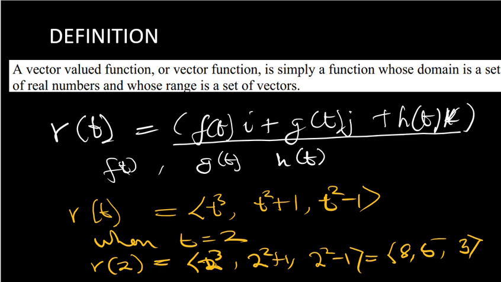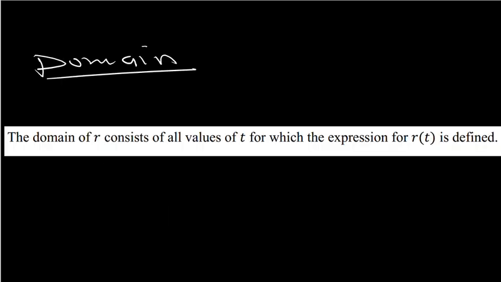Now that we understand what a vector function is, we shall look at how to find the domain of a vector function. Remember, for every function, we have a set of elements that forms a set of numbers that form a domain. So we are now going to learn how to find the domain of a given vector function.